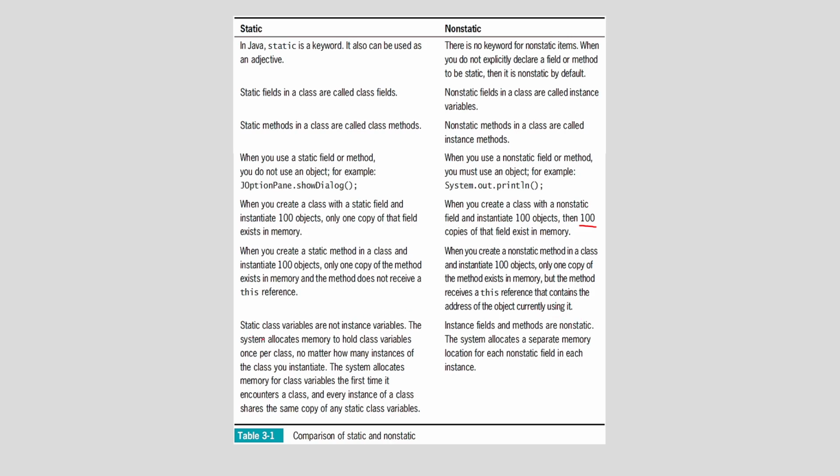Static class variables are not instance variables. Instance fields or methods are non-static, meaning when we create non-static members of a class, they are instance variables and instance methods, for which the system allocates a separate memory location for each non-static field in each instance.